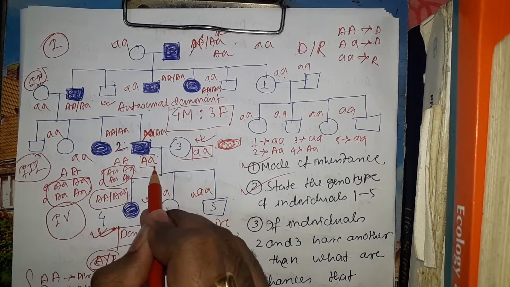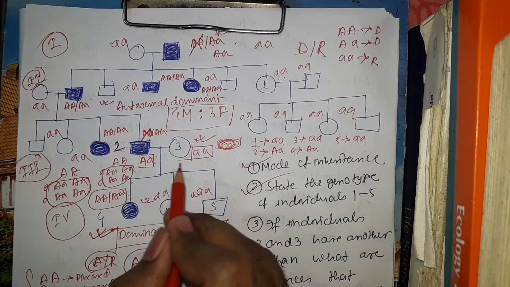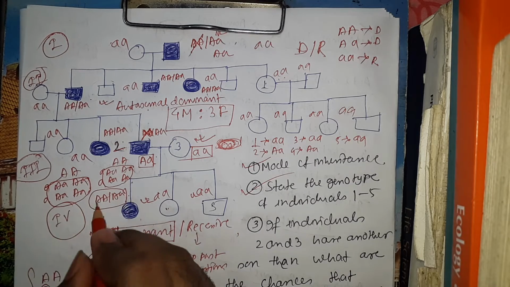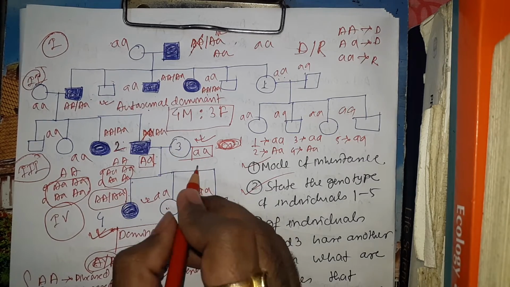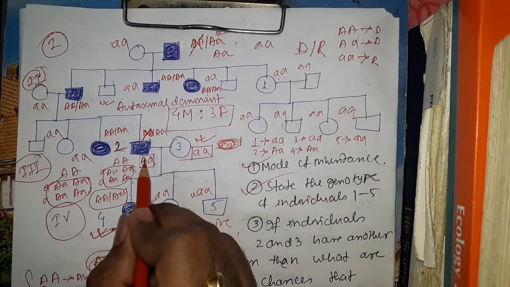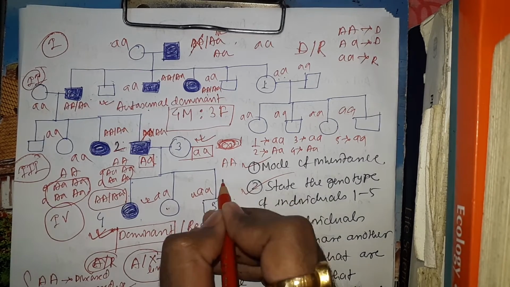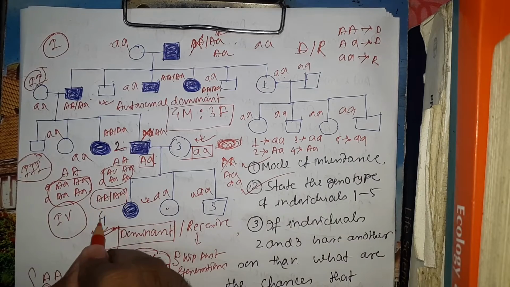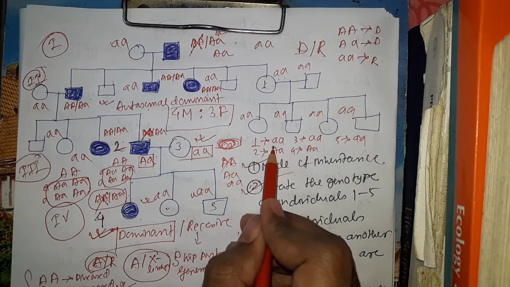Our genotype for individual 2 is capital A small a and individual 3 is small a. By doing a Punnett square there is no probability that we have capital A, because for that the female needs to have some capital A, but she doesn't. That means by the Punnett square we will not have capital A capital A; we will have capital A small a, or we will have small a. So the genotype for individual 4 will also be capital A small a.